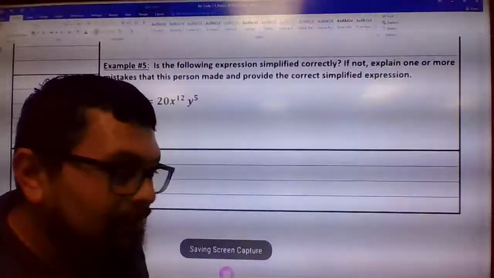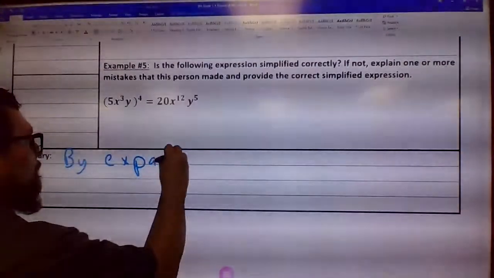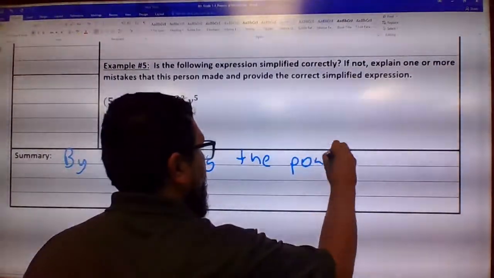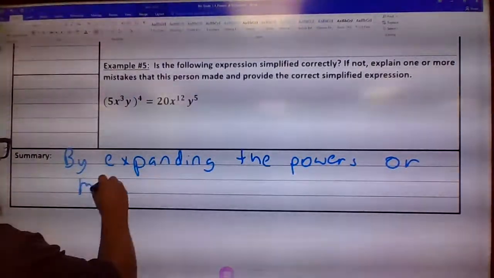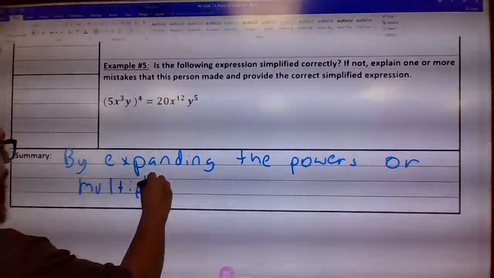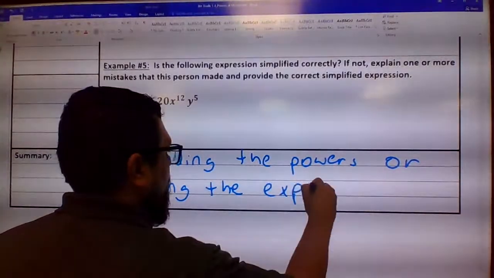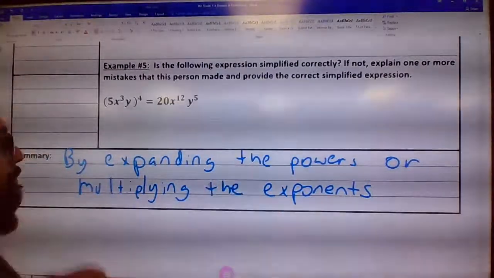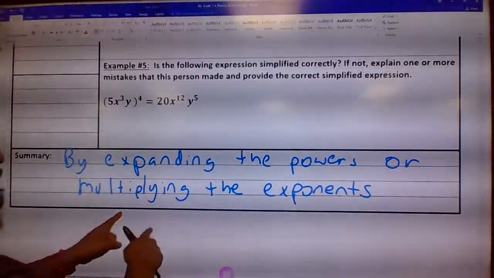By expanding the powers, or multiplying the exponents. By expanding the powers, like expanding this and then finding out if it's the same, or just multiplying the exponents.